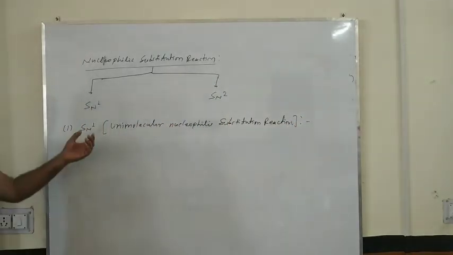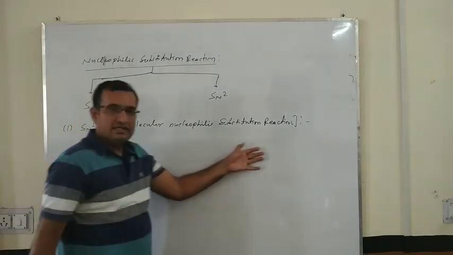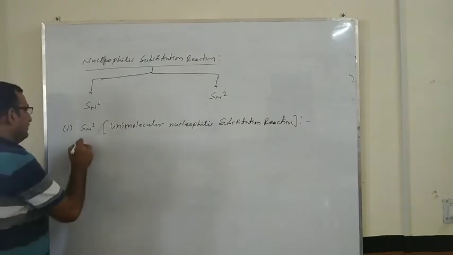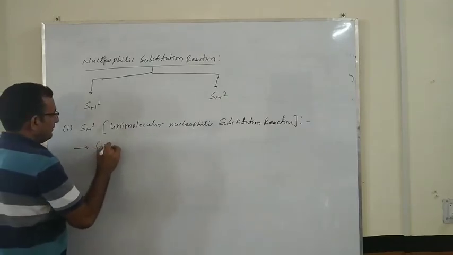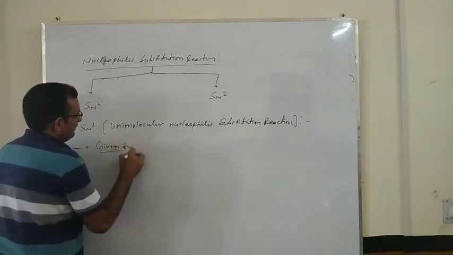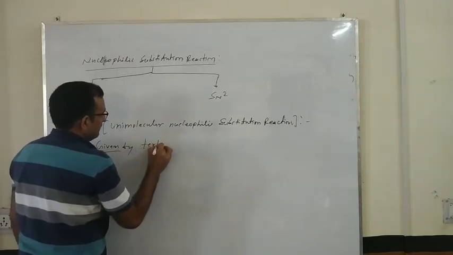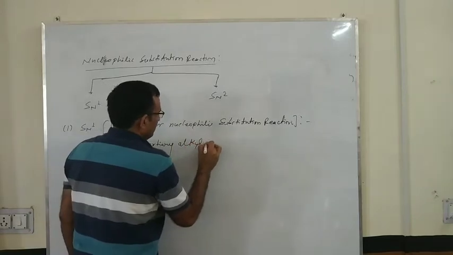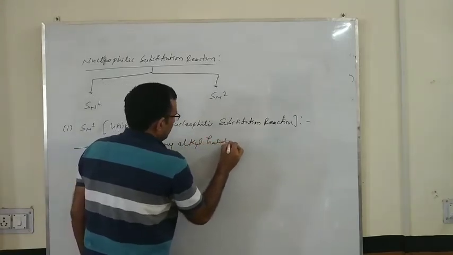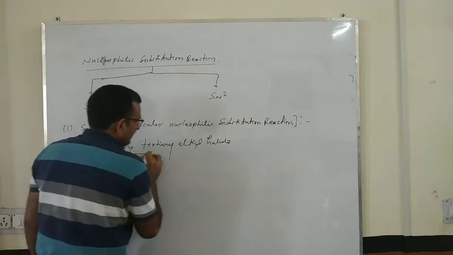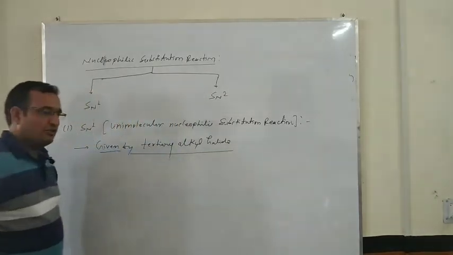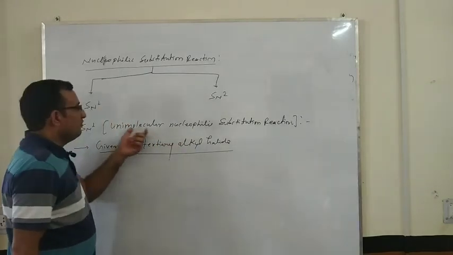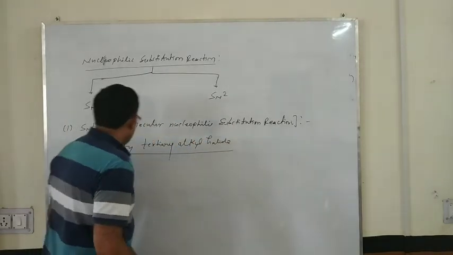Now, SN1 reaction is mostly given by tertiary alkyl halides. Mostly given by tertiary alkyl halide, and other compounds also give SN1 reaction. Unimolecular nucleophilic substitution reaction, tertiary alkyl halide.